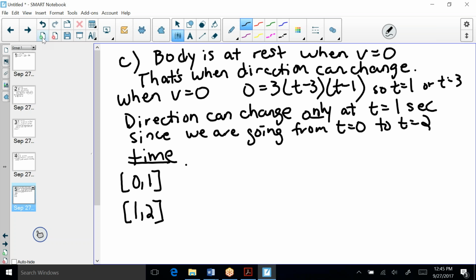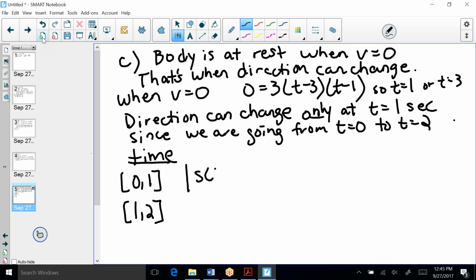We want this to be the absolute value because we're just going to look at the total distance. So if this is the time from 0 to 1 second, we want to find out what the position is at 0 seconds, what the position is at 1 second, and then subtract those two to get the total distance traveled. Does that make sense? So we want to find the position at 1 second, the position at 0 seconds, and subtract those.